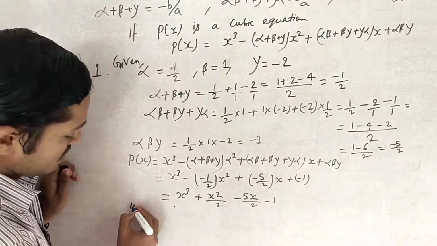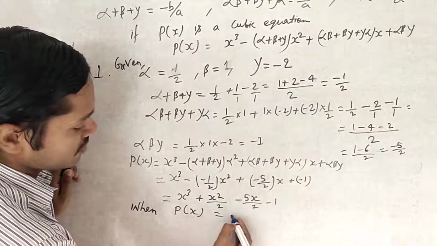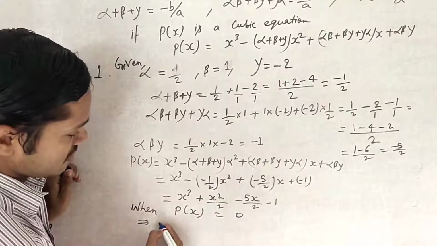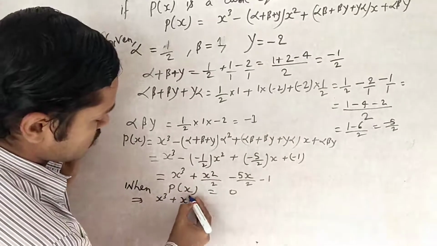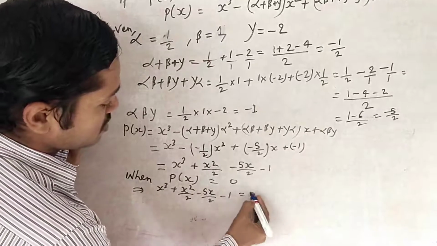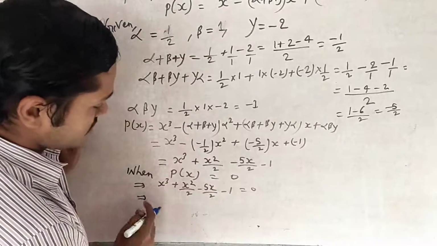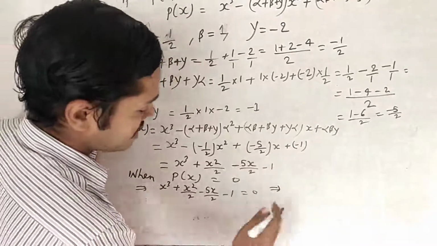So look at there, because this is in the fractional form, when p(x) equal to 0, you can write here x cube plus x square by 2 minus 5x by 2 minus 1 is equal to 0. Now we are directly taking the LCM.